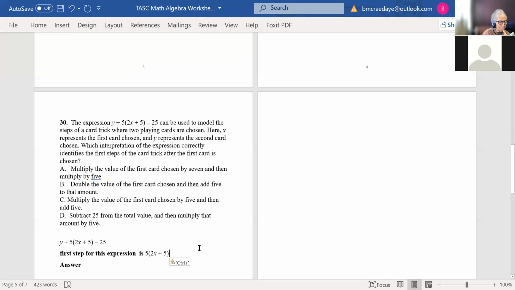Multiply the value of the first card chosen by 5. See? No. Come on. In parentheses, what are you doing there? The multiply.